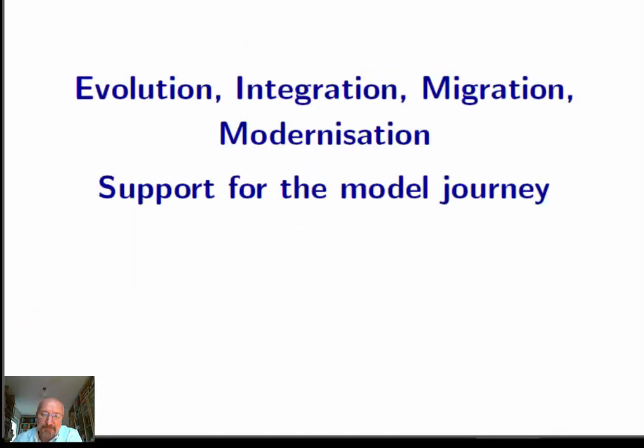Okay, let's now turn only to one issue that should be considered before we go to chapter 12 and chapter 13: evolution, integration, migration, modernization of models. There is nothing else as a support for the model journey.